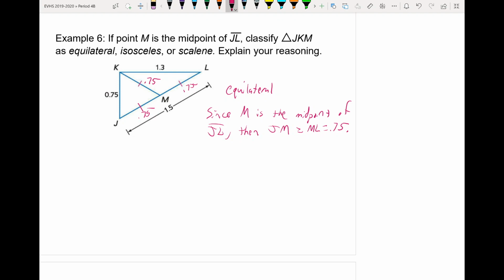And then we know that KM is equal to JM is equal to JK. So triangle JKM is equilateral. Sorry guys, my pen's being weird. It's like I'm not dragging my pen across, but it's picking up the stroke anyway.